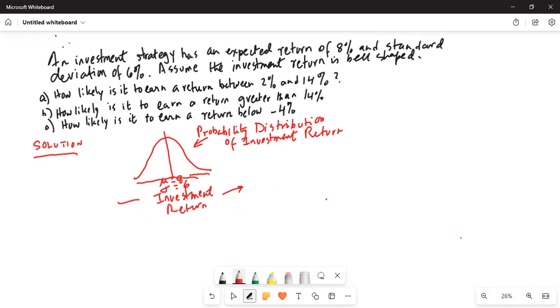Since the investment return is bell-shaped in nature, we use the empirical rule.